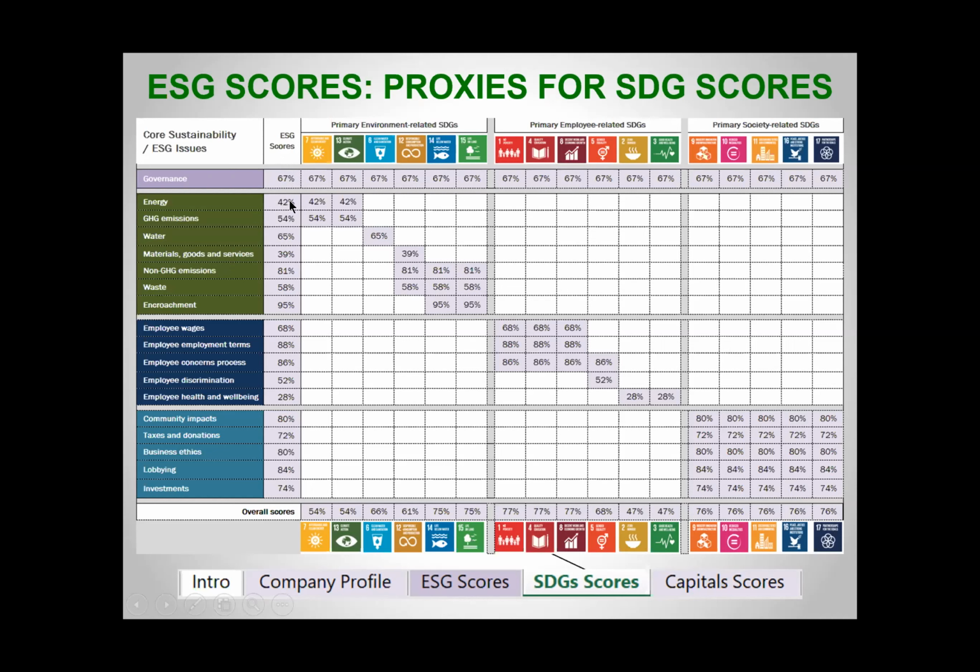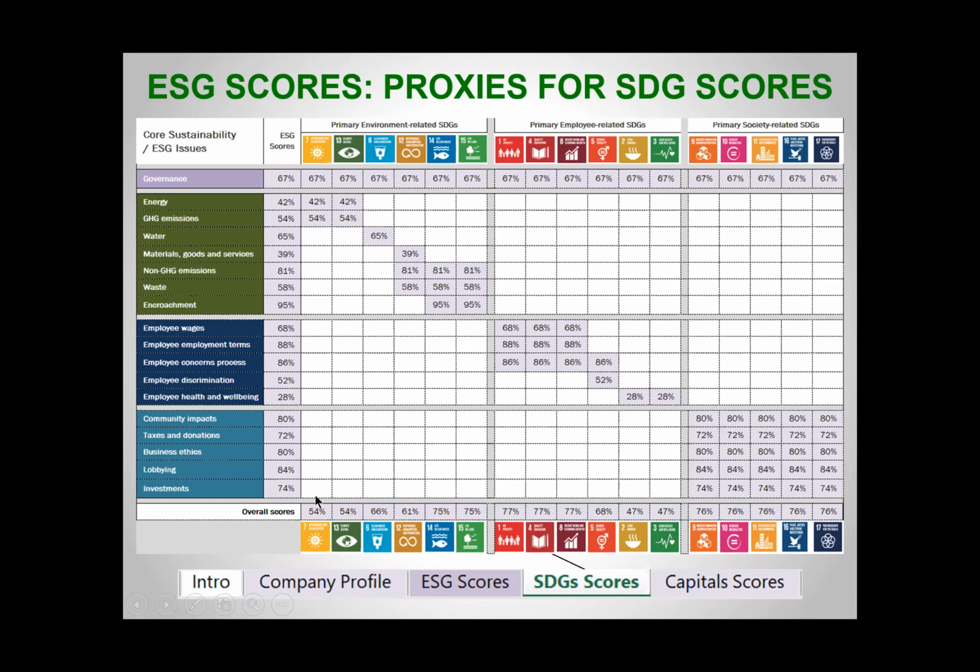And what it does is it simply echoes those in the two columns that are occupied by the energy and the climate change SDGs. And it shows that those two scores apply to both of them. So the score on those two SDGs, number 7 and number 13, the energy one and the climate change one, are the total of those three divided by 3.